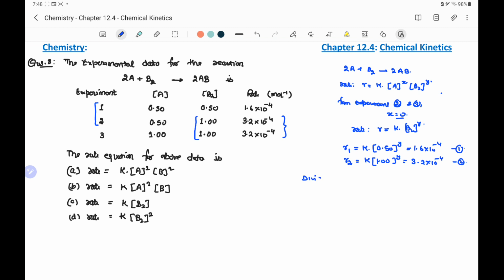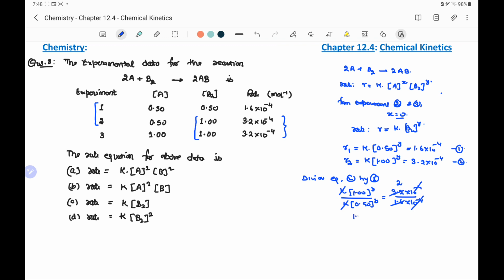Now we divide equation 2 by 1. We will get K into 1.00 raised to the power y divided by K into 0.50 raised to the power y, that is equal to 3.2 into 10 to the power minus 4 divided by 1.6 into 10 to the power minus 4. Simplifying, 10 to the power minus 4 gets cancelled, similarly K gets cancelled, and 3.2 divided by 1.6 gives 2.